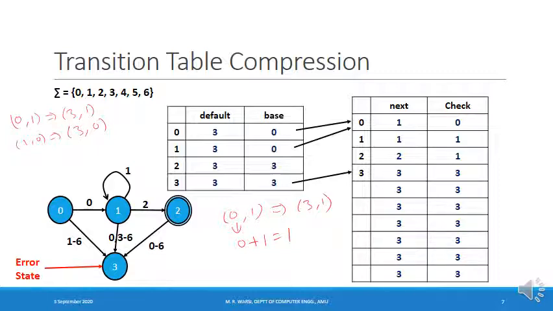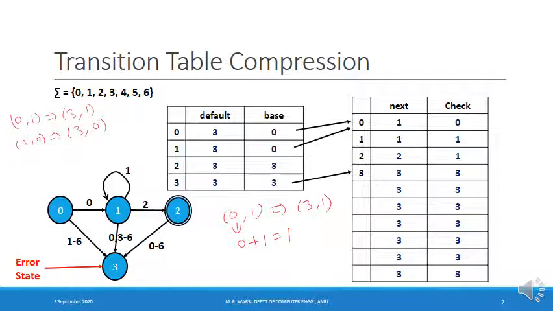So if I first of all determine 0 comma 1, I reach the first entry in the next uncheck, and since it's not a valid entry for state number 0, I pick up the default state, which is state number 3, and this is equivalent to saying what is the next state from 3 on 1, and from 3 on 1 the next state is 3 itself, that is stored in the transition table.